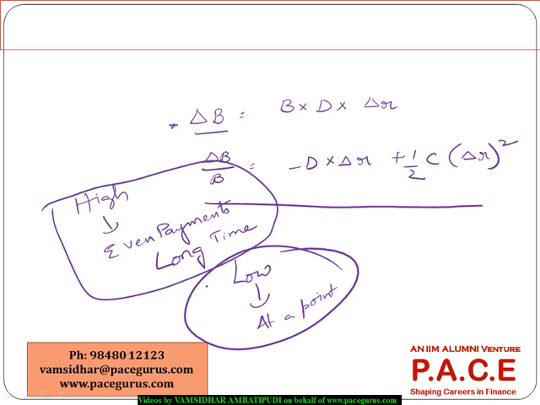And from a financial institution's perspective, just like the way we talked about the duration of the assets should match with the duration of the liabilities, the companies would like to match the convexity of the assets with the convexity of the liabilities also.